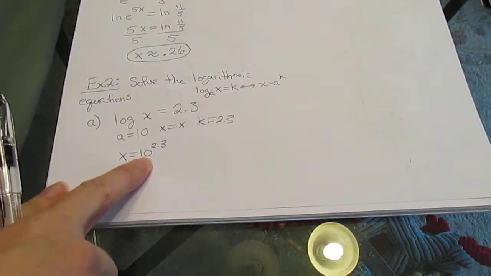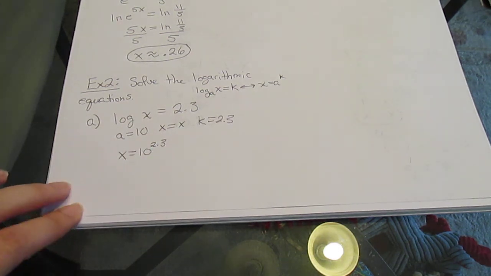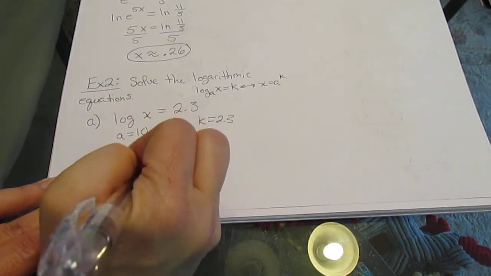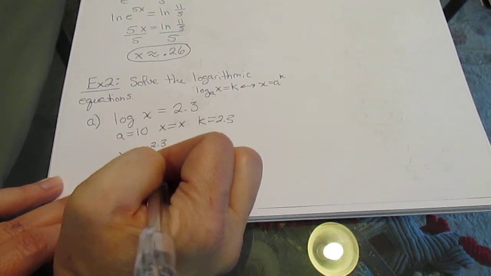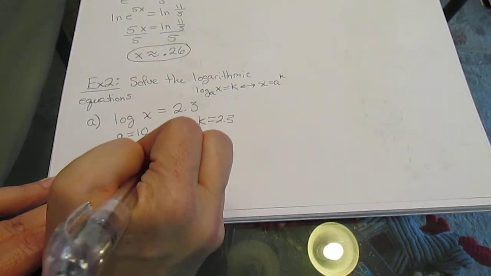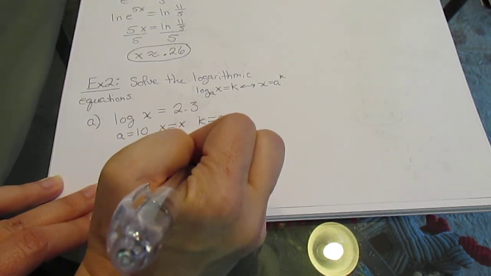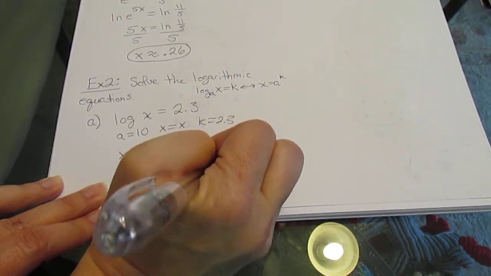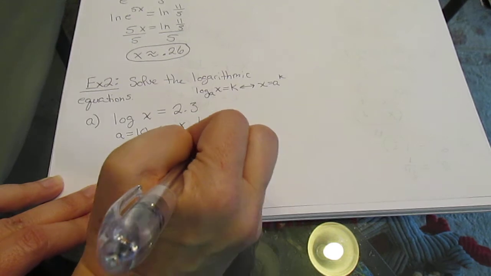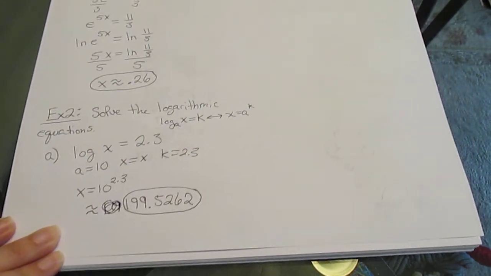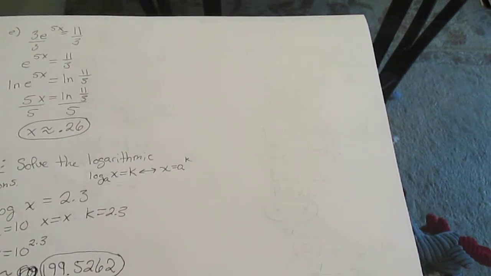Now we just need to put 10 to the 2.3 in our calculator and get the answer. Okay, so I already did that, but do that in your calculator. You get 199.5262. Or if you only want to round to 2 decimals, that's fine. Okay, make sure you read the directions and see what the directions ask for.